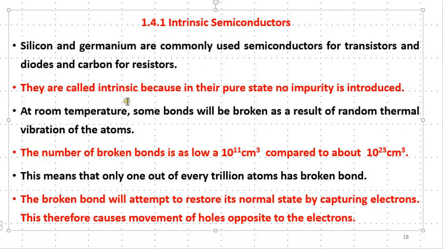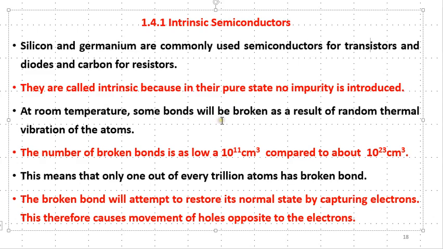And they are called intrinsic semiconductors because they are pure in their form, no foreign element is introduced into them. And I have already said, when the temperature is absolute zero, all the bonds are intact, no conduction, therefore it is what? Insulator in that case.